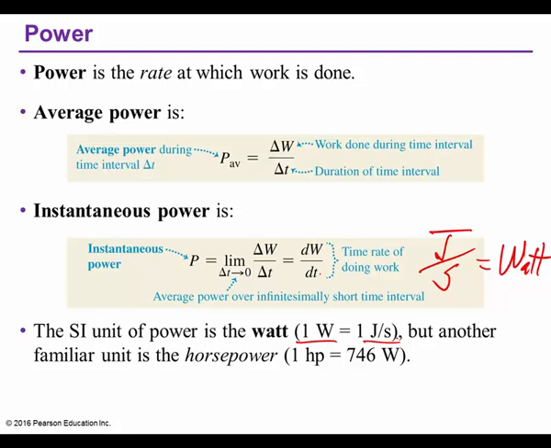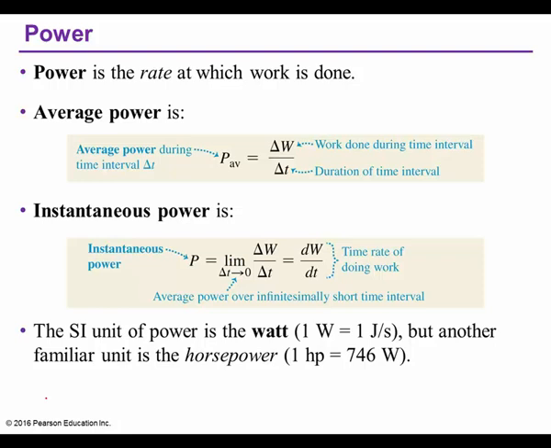Now, I do want you to write down the conversion of horsepower to watts. Please remember that, because horsepower is the English version of power. Please write that on your note card, on your formula card. That's another one of those conversion factors.